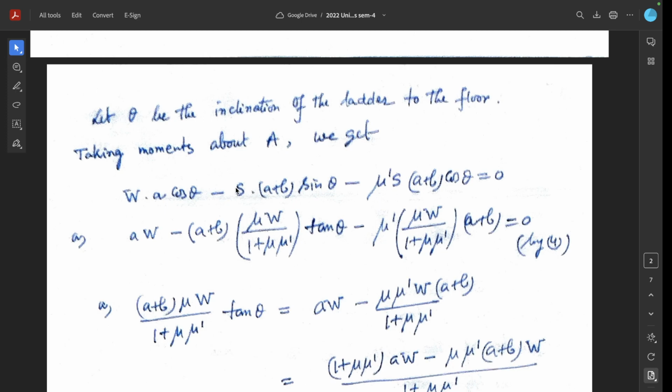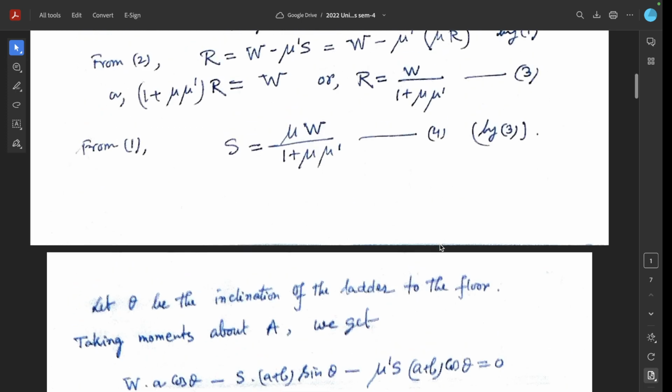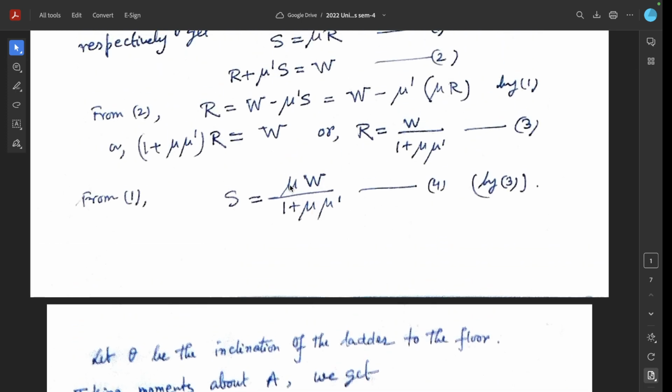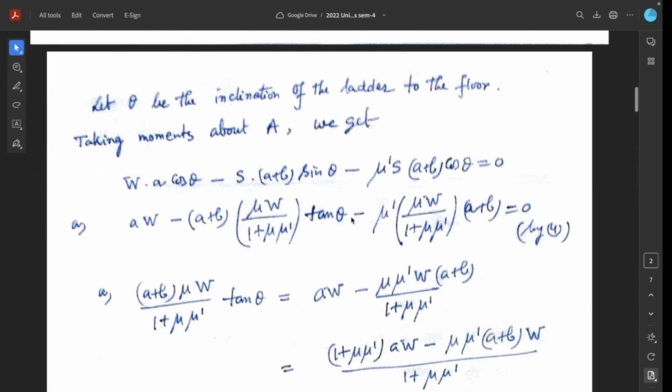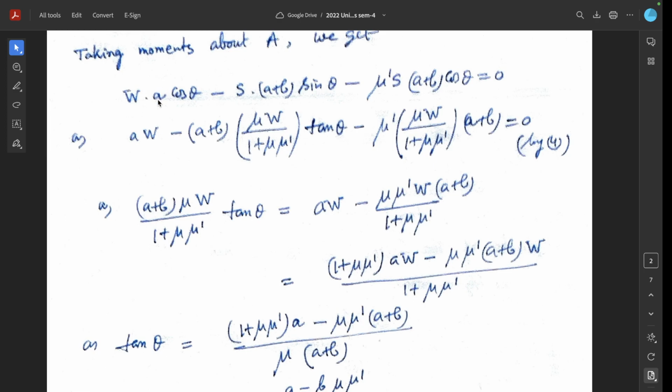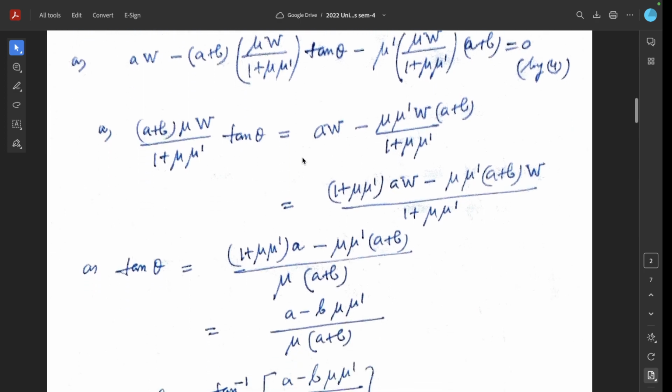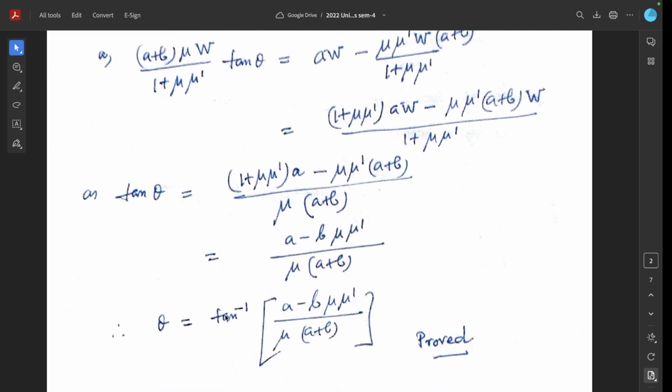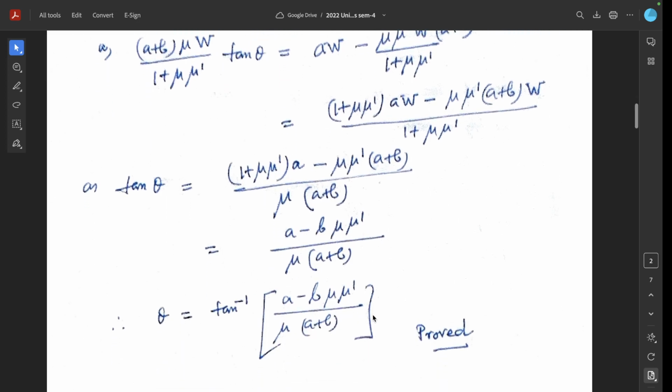Simplifying, putting the value of S from 4, mu W by 1 plus mu mu dash, and dividing by cos theta, we get tan theta equal to this, and after simplification theta equals tan inverse of this. Proved.